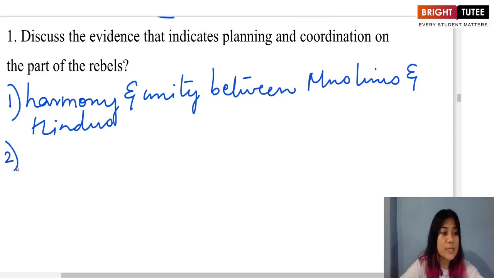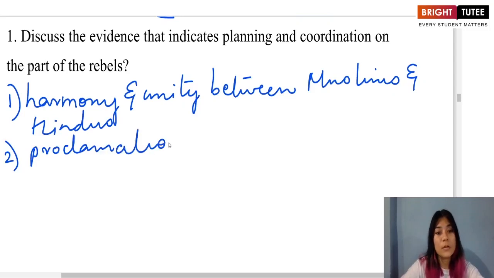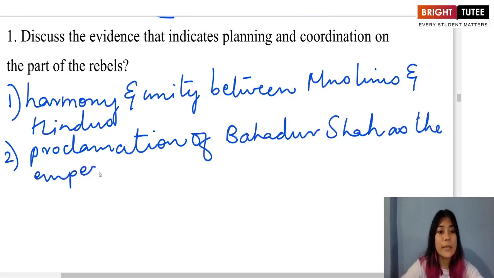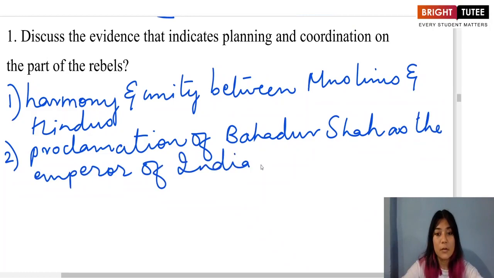Number 2 point is the proclamation of Bahadur Shah as the Emperor of India. Okay, they could have picked anybody, but they picked Bahadur Shah as the head or the leader or the emperor of the whole of India.